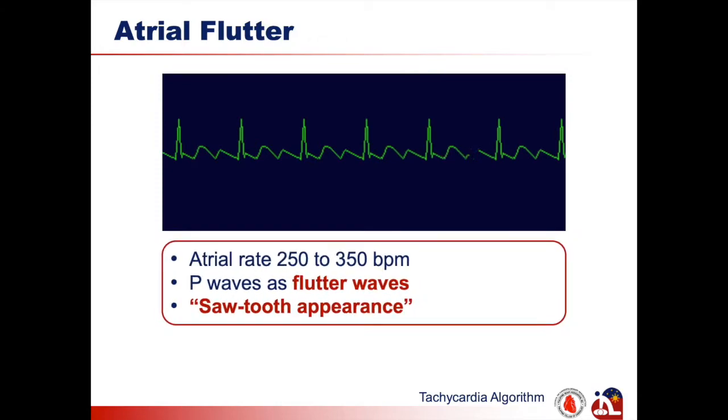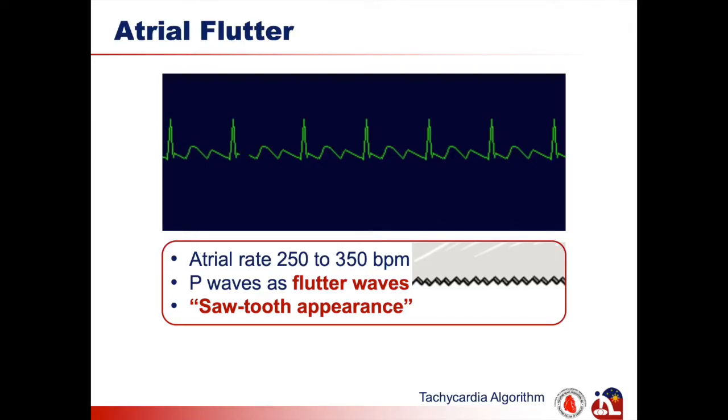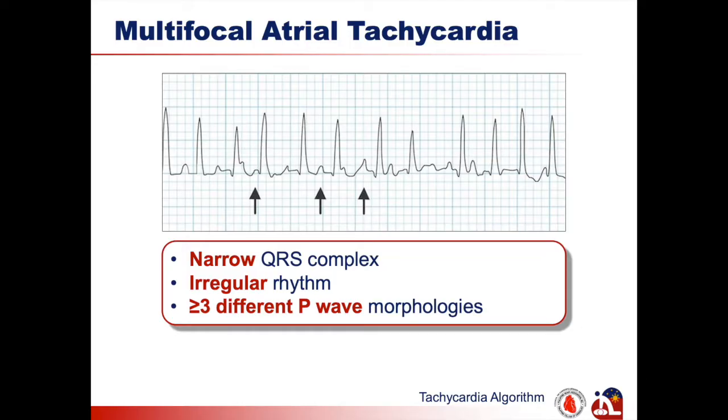Atrial flutter, on the other hand, usually has an atrial rate of 250 to 350 beats per minute. P waves are seen as flutter waves which look like a series of sawtooth on the monitor or ECG strip. Less commonly, we may encounter multifocal atrial tachycardia.